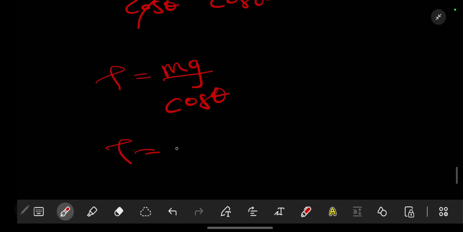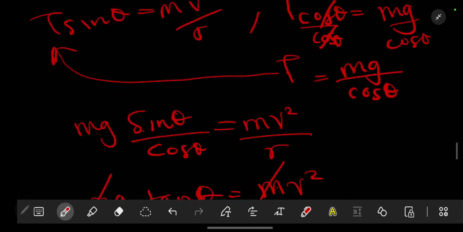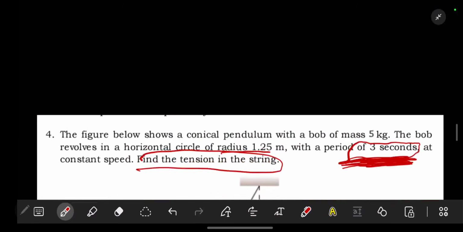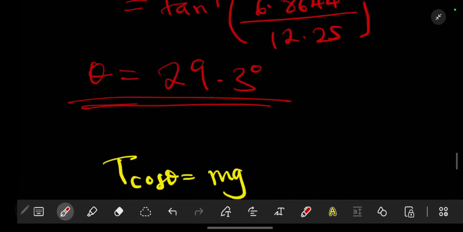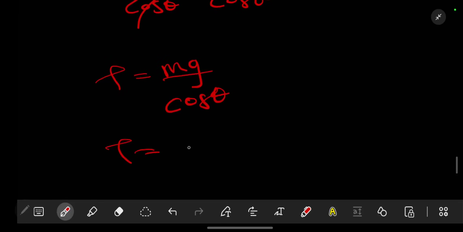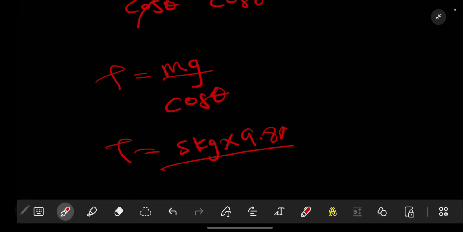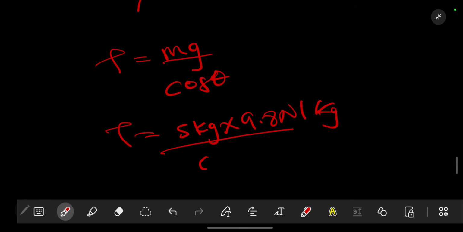So tension should be equal to, what is our mass? So our mass in this case is equivalent to 5 kg. So we are going to have our 5 kg by our 9.8 newtons per kg over our cos of the angle.